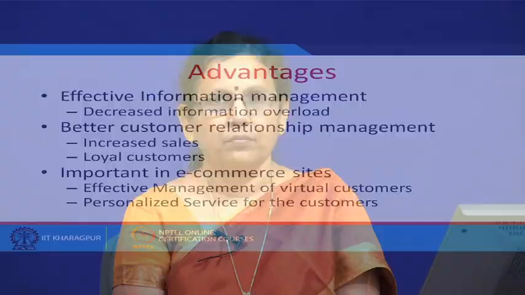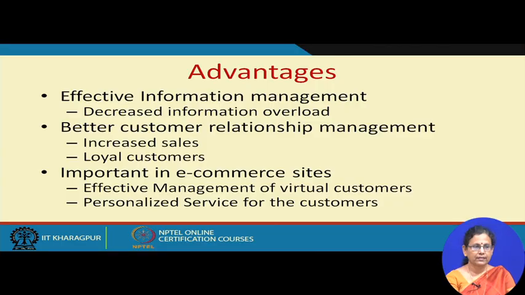Now, what is the benefit of recommender system? First benefit is effective information management. So, it decreases the information overload on the users. If you simply provide a list of products beyond a certain limit, the user is not going to search further, but based on certain other activities, like the kind of product you are looking for, if another product with similar or maybe complementary properties is suggested, then it is good for you.